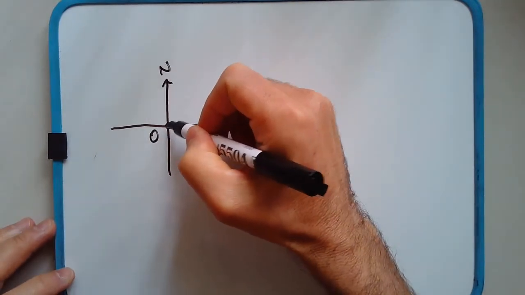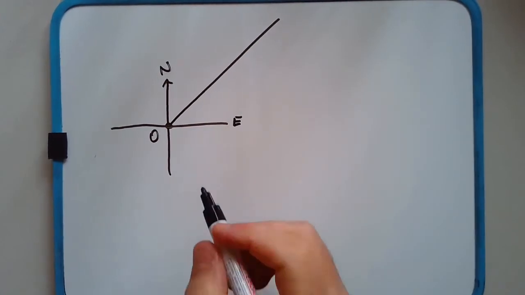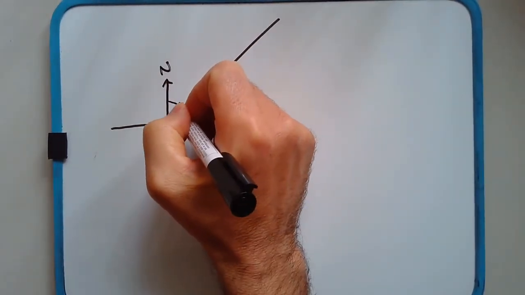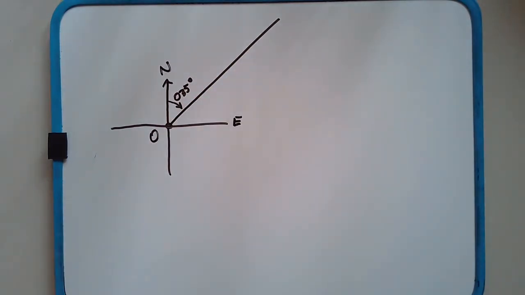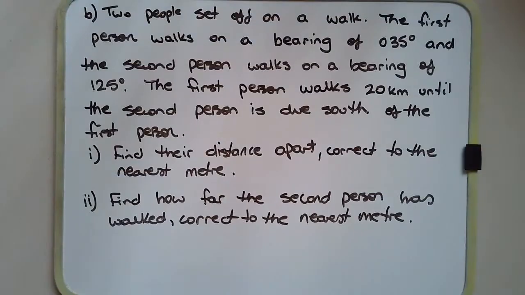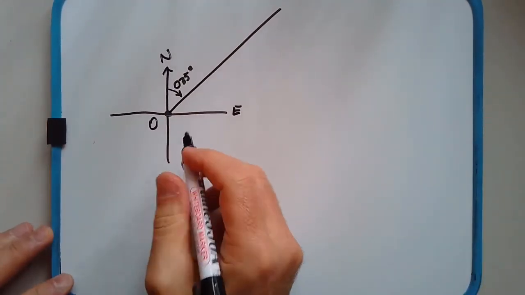Kind of like that, isn't it? I might just draw that in. That's 35 degrees. And the second person walks on a bearing of 125 degrees. So that's in the southeast quadrant.